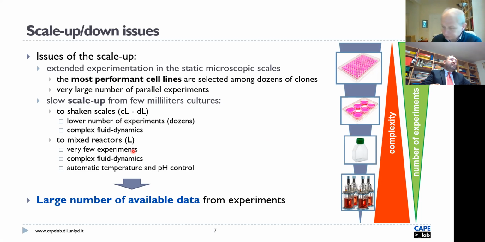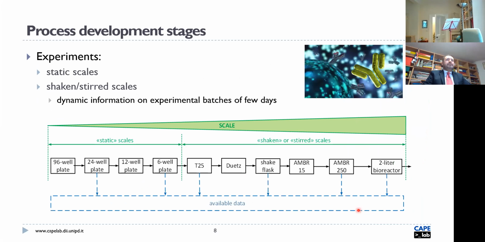And when we arrive at the liter scale, very few experiments can be performed because of the complexity, for example, the complexity of the fluid dynamics, and the fact that automation is required, for example, for the control of pH, temperature, feeding, and so on. However, from all these stages, a large amount of data is available.